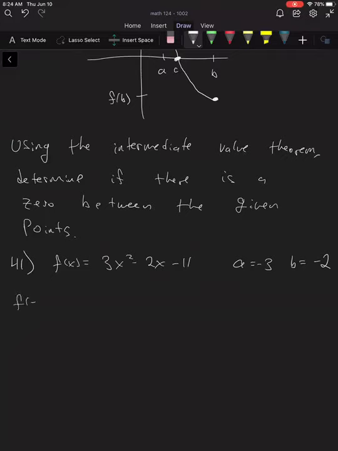So f of minus 3 is equal to 3 times minus 3 squared minus 2 times minus 3 minus 11. So this is going to be 3 times 9 plus 6 minus 11. So 27 plus 6 minus 11. So that's going to be 33 minus 11, which is 22.